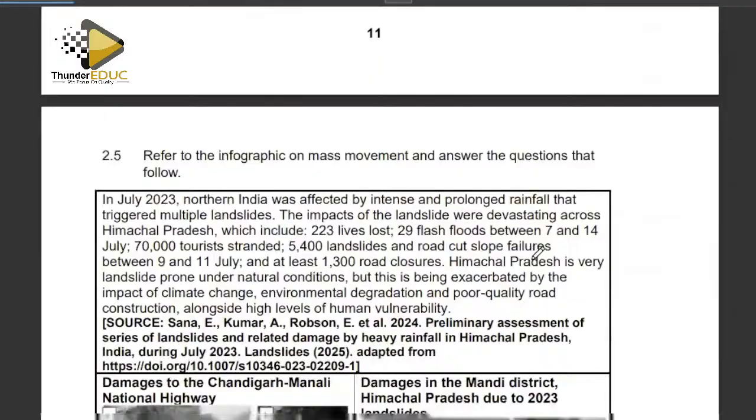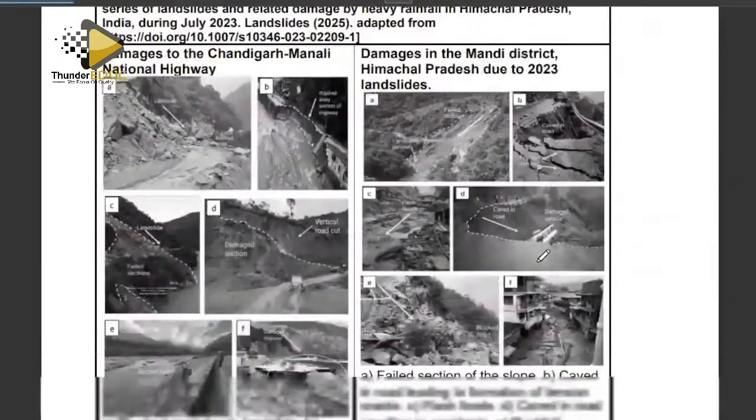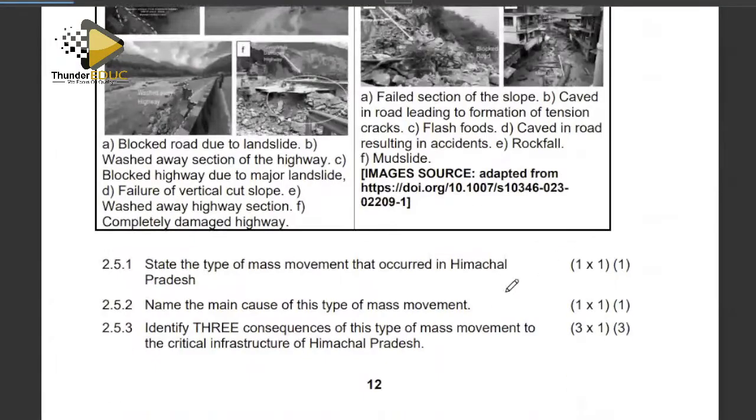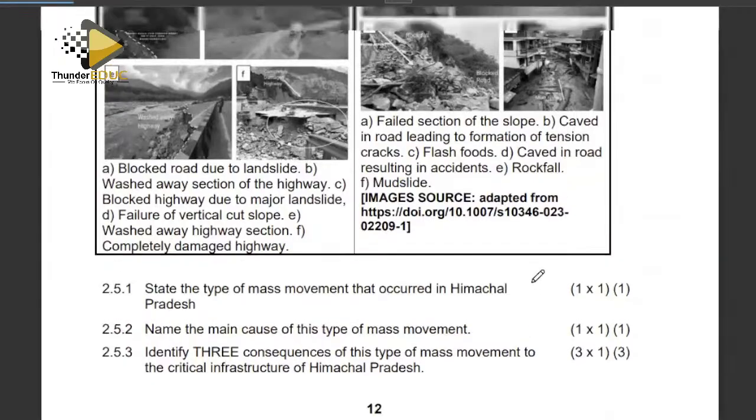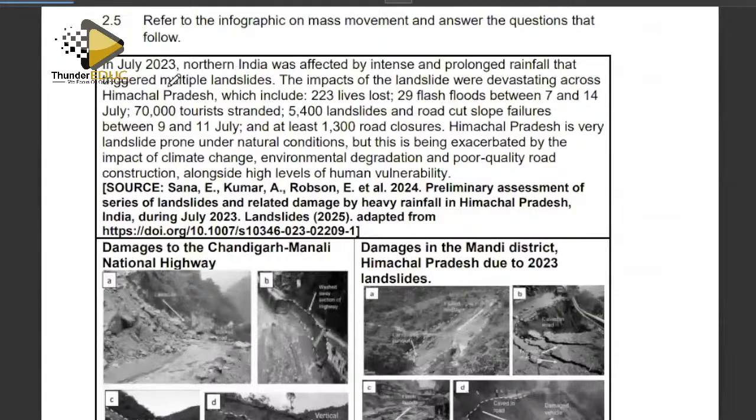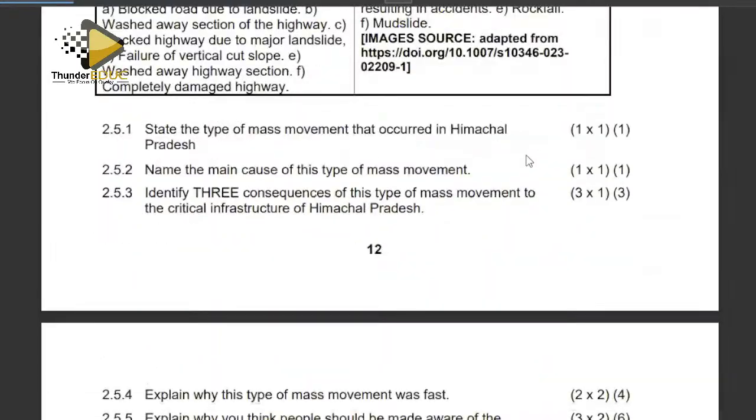Right, we move on to the next question, number 2.5, which is on mass movements. State the type of mass movement that occurred in Himachal Pradesh. That is indicated here. Intense long rainfall triggered multiple landslides. So it's a landslide, that is the mass movement.